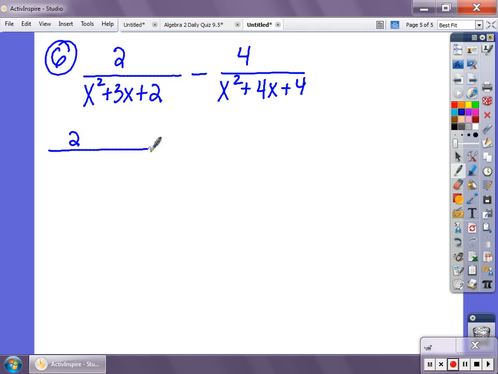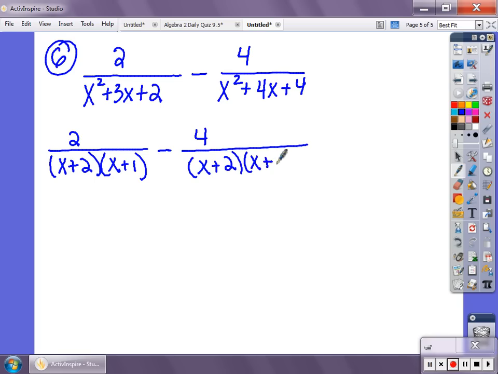So it's really 2 over x plus 2 times x plus 1, because 2 times 1 is 2, 2 plus 1 is 3. Minus 4 over, and this is x plus 2 times x plus 2, because 2 times 2 is 4, 2 plus 2 is also 4.